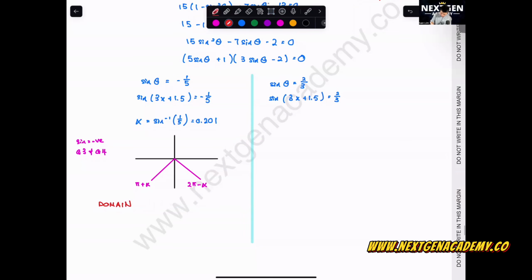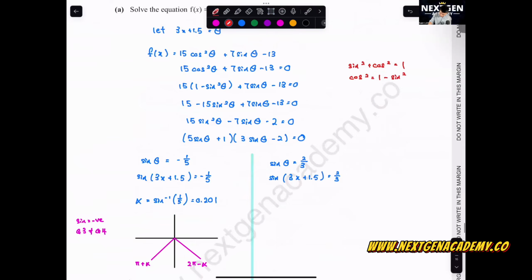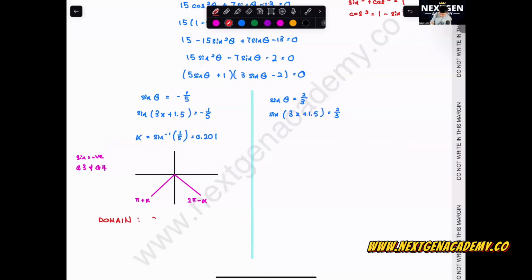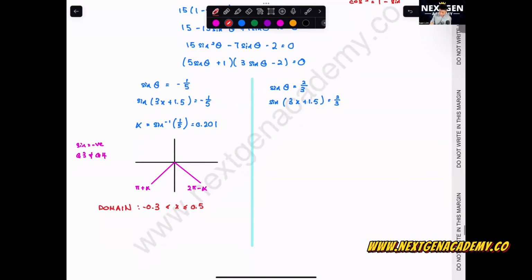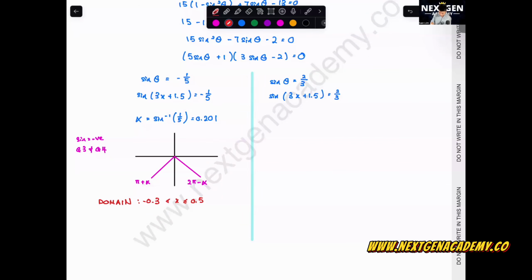So the domain just now was from negative 0.3 to 0.5. Then we are solving for 3x plus 1.5, so we just replace the x with negative 0.3 and 0.5. Here we'll get 0.6 and 3. This part here is important, the domain. Same for this part here.